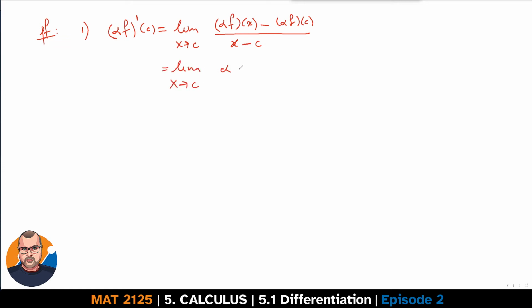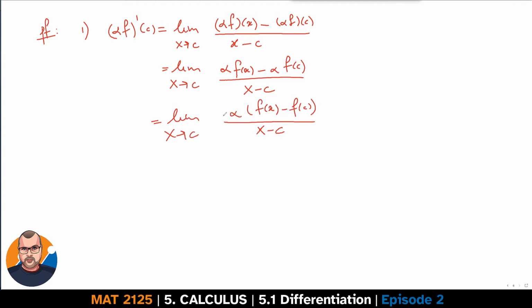On the one hand, assuming that the function alpha times f is in fact differentiable, this would be the limit when x goes to c of alpha f at x minus alpha f at c divided by x minus c, which by definition is the limit when x goes to c of alpha f at x minus alpha f at c divided by x minus c, which is itself rewritten by extracting the common term alpha.